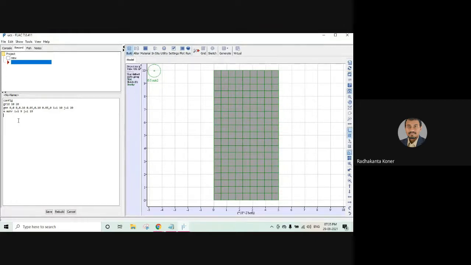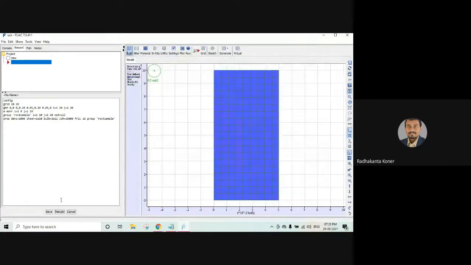In this material also, we have considered it is a Mohr Coulomb. We have considered the Mohr Coulomb criteria from 1 to 9 and 1 to 9. And this is a rock sample, so we have grouped it as a rock sample, from I equal to 1 to 10 and J equal to 1 to 20, and it is not null. This is not a hollow material, it is a material.